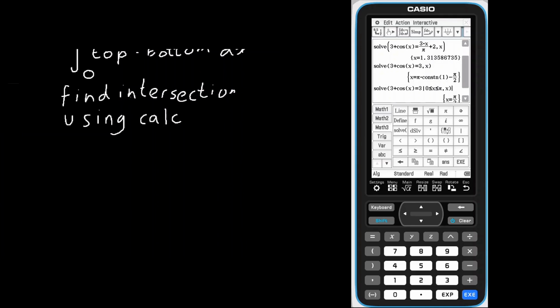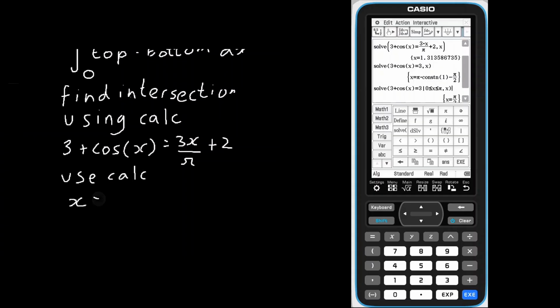What we say is 3 plus cos x is equal to 3x all divided by pi plus 2, using calc. So you might just say use calc, x is equal to that, 1.314.